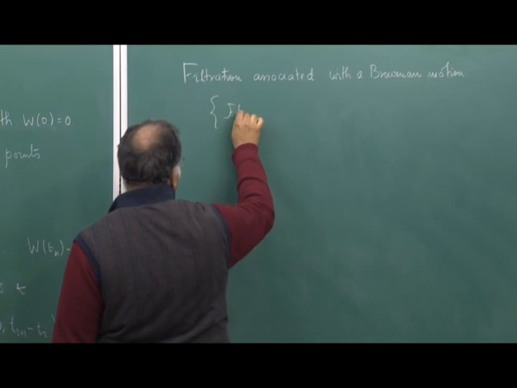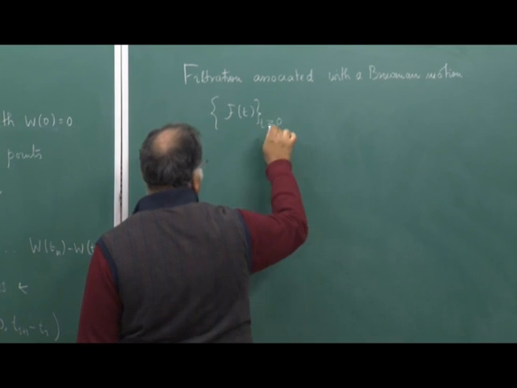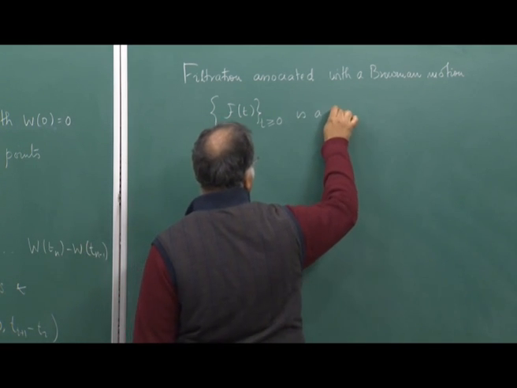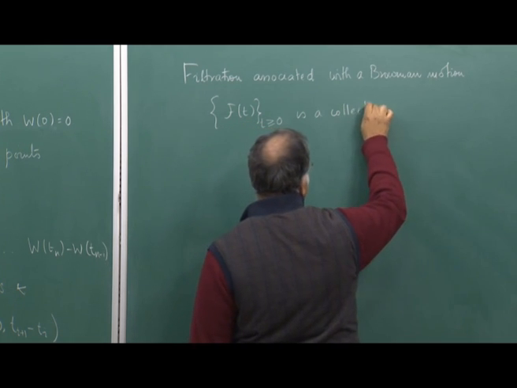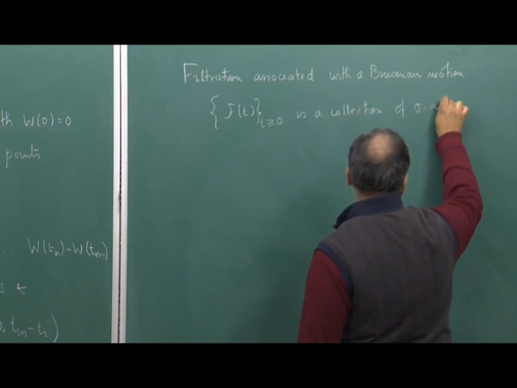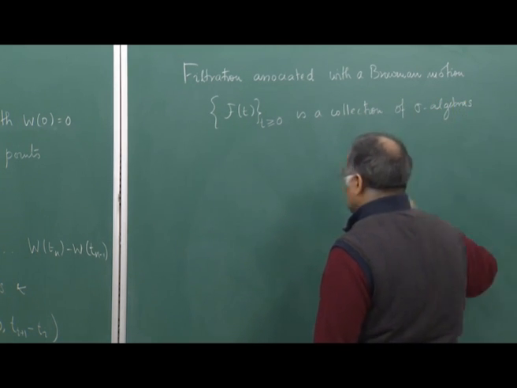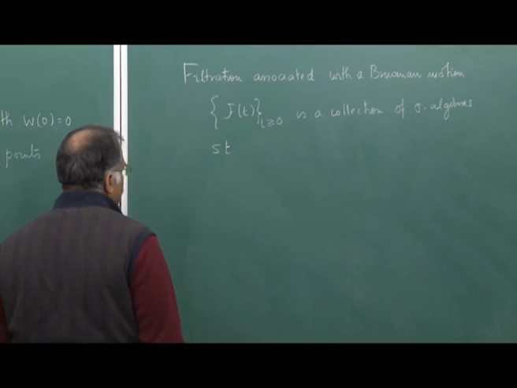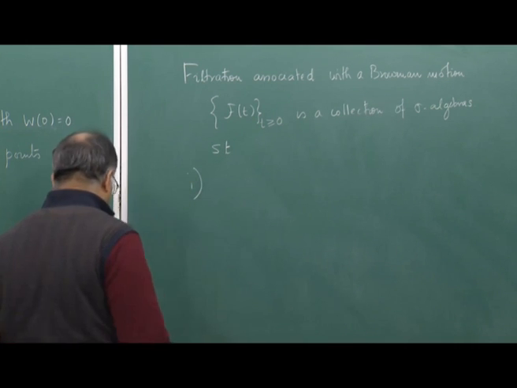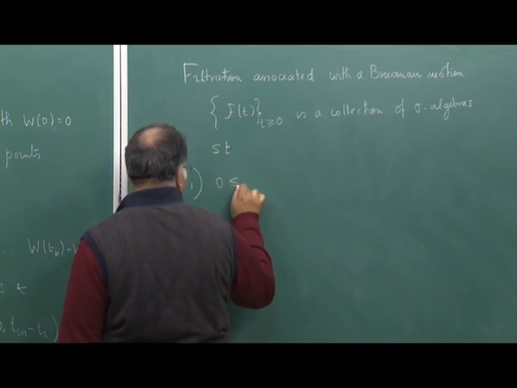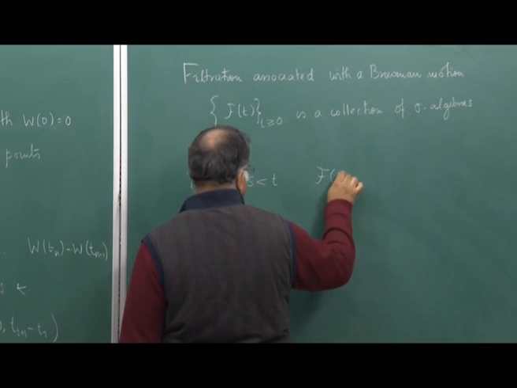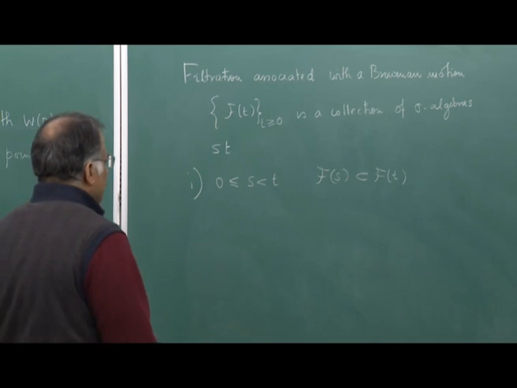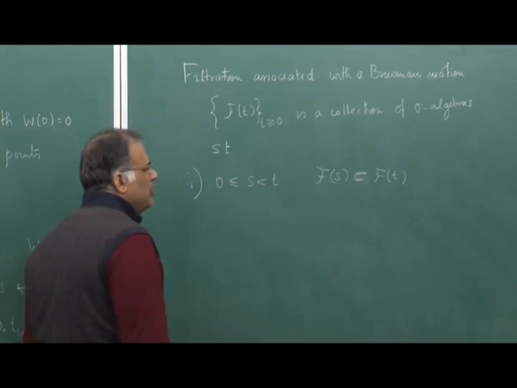This filtration Ft is a collection of sigma algebras such that, number 1, whenever t is strictly bigger than s, Fs must always be contained in Ft, that is, you have more information as time evolves.